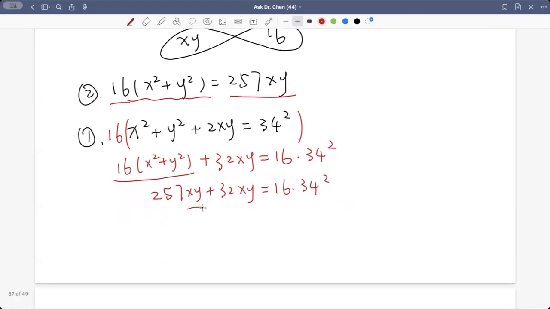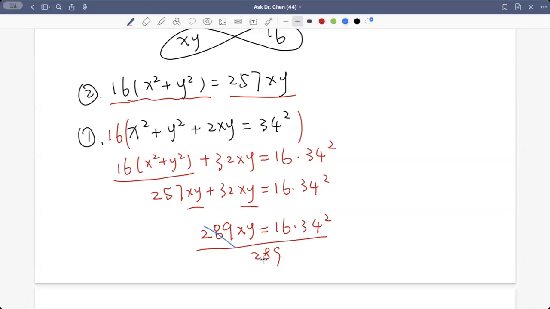So 257xy plus 32xy, we get 289xy. That equals 16 times 34 squared. So we divide by 289 on both sides. Then this side becomes xy.